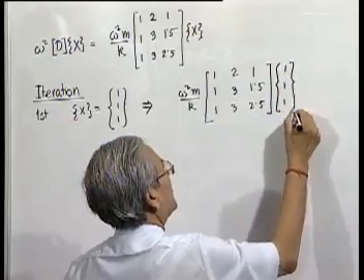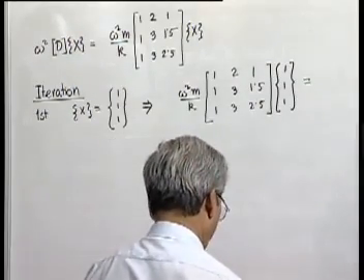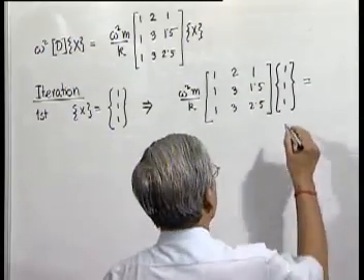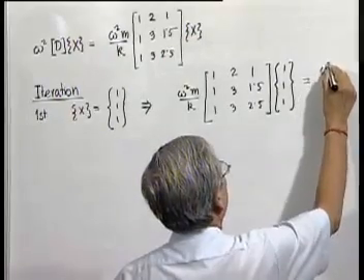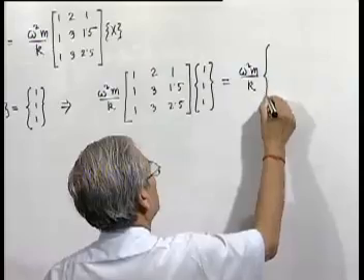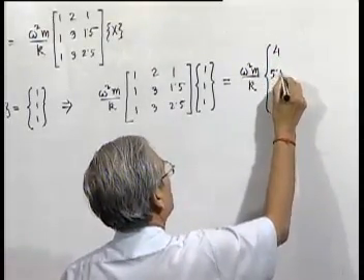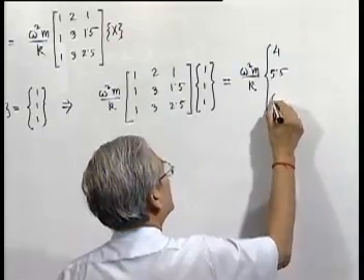One. This will be omega square m by k, 4, 5.5, 6.5.